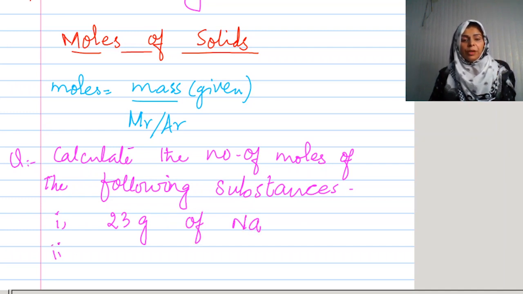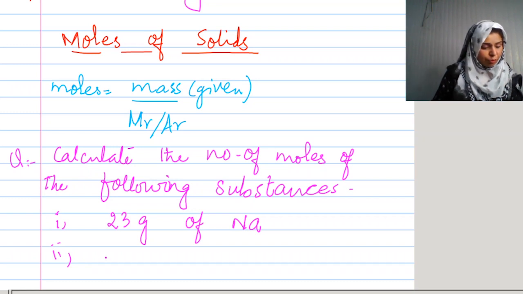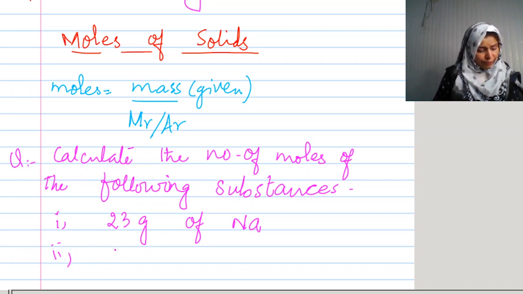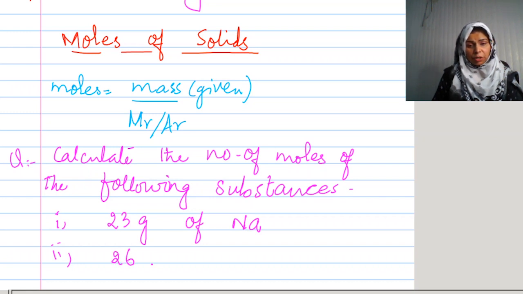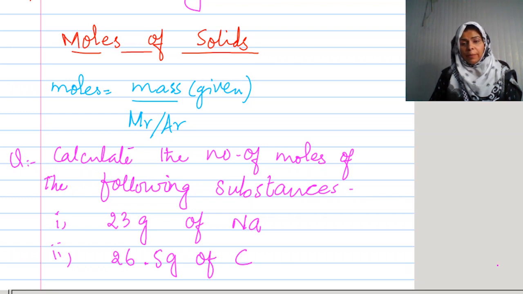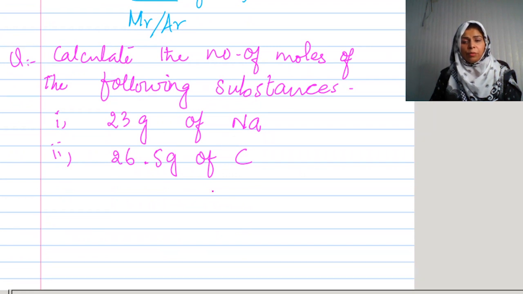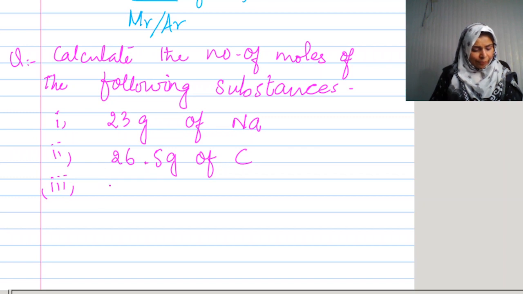Number 2, 26.5 gram of carbon. And the third part, 50.0 gram of calcium carbonate.